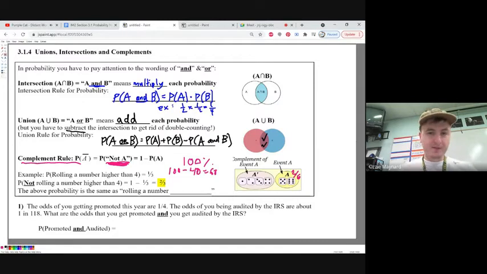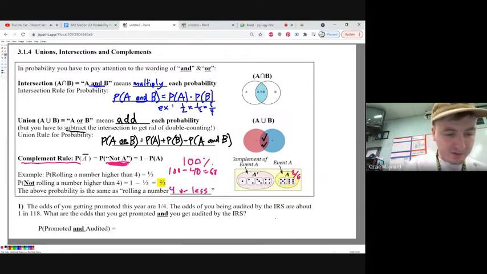So if I want to find the complement of that event, all I have to do is 100% minus 1/3, and I'll get 2/3. It's the same idea that we have right here. The above probability is the same as rolling a number that is less than 5, or 4 or less. Okay, let's go ahead and wrap up with the next problem right here.